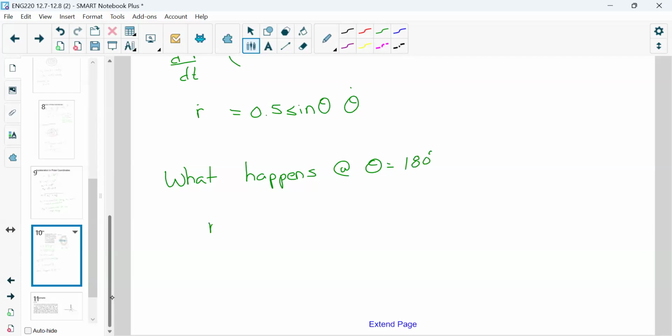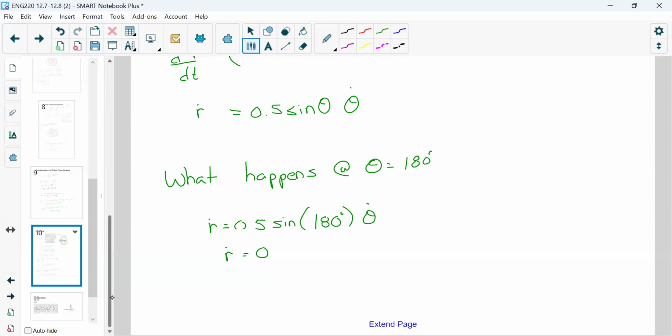All right, so my R dot is then 0.5 sine of 180 degrees, right? Theta dot. So help me out here. Sine at 180, 0. Okay, so this is nice because that means my R dot then just equals 0, doesn't it?